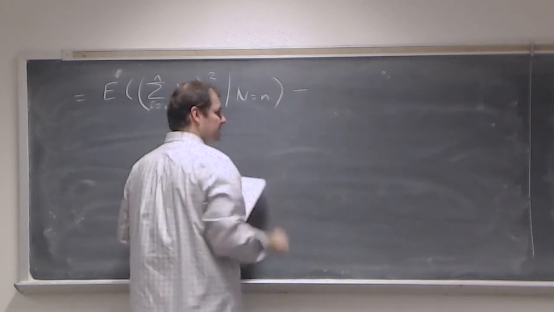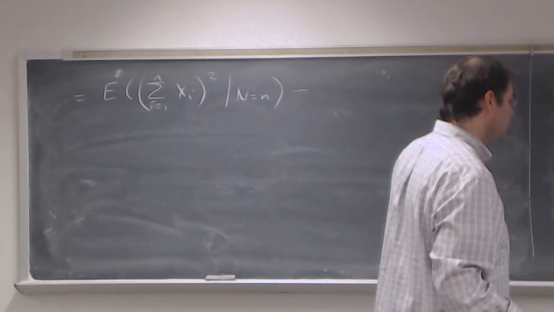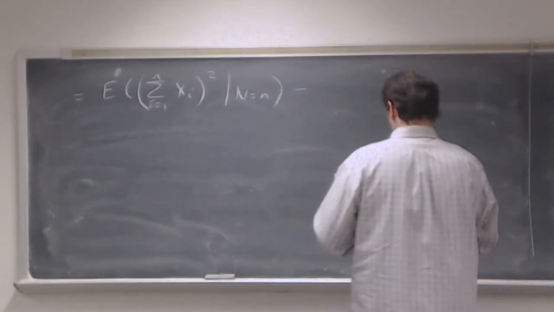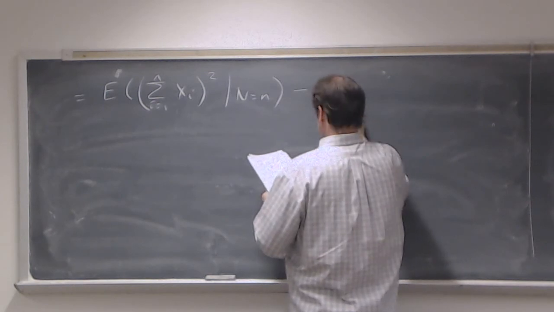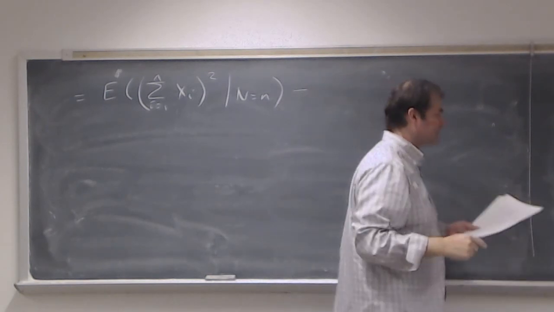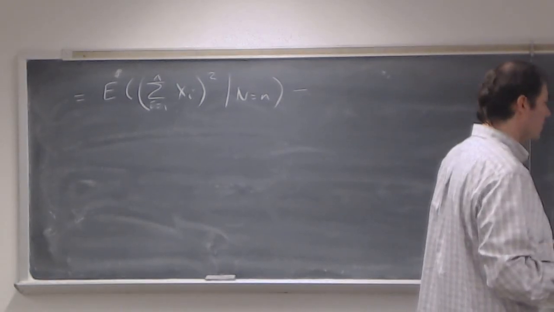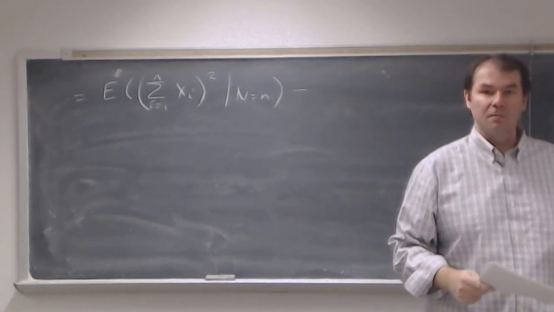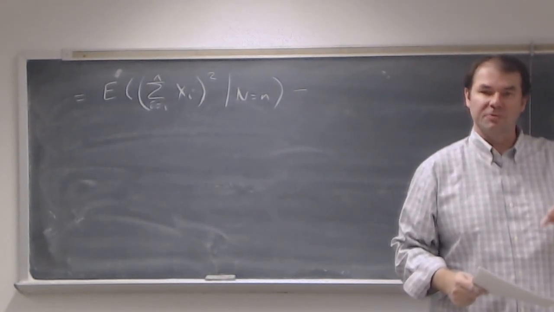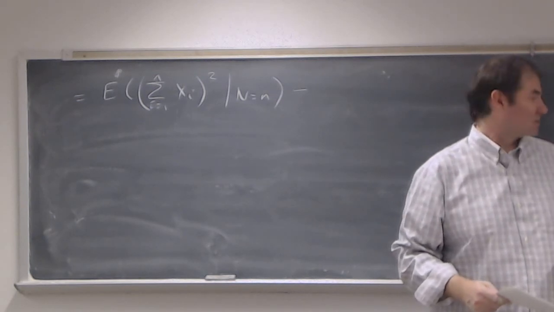And now minus the expected value of the sum of the X sub i running from 1 to little n, because big N is equal to little n.